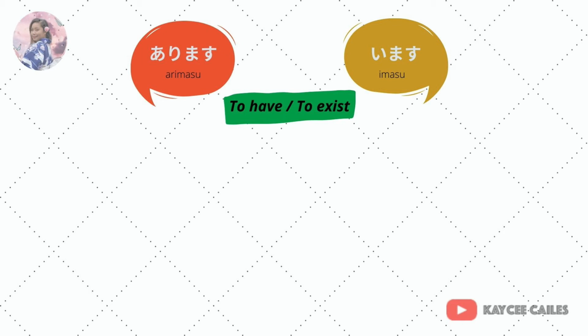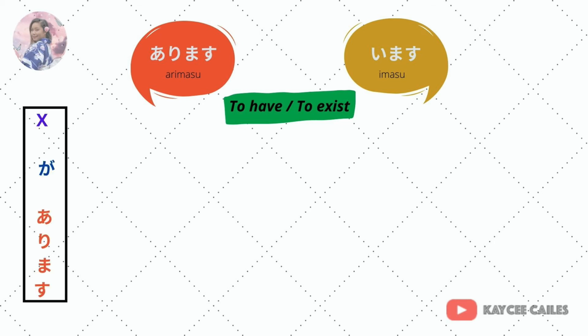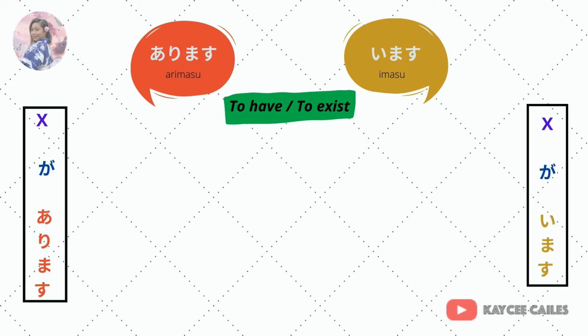If you want to say that there is or there are a thing or person in a specific place, we will use the sentence pattern X ga arimasu or X ga imasu. X being the subject and ga as our particle.